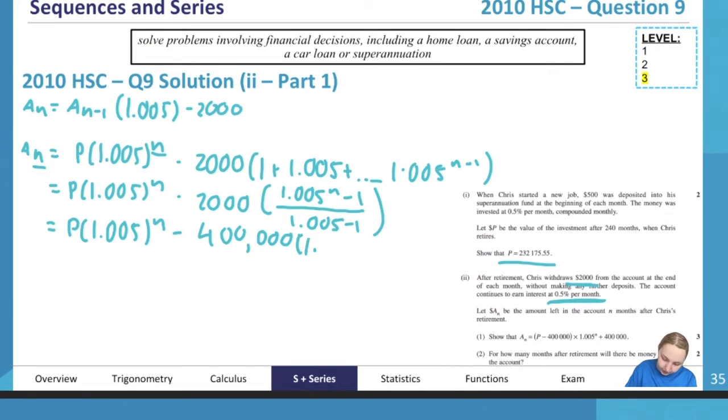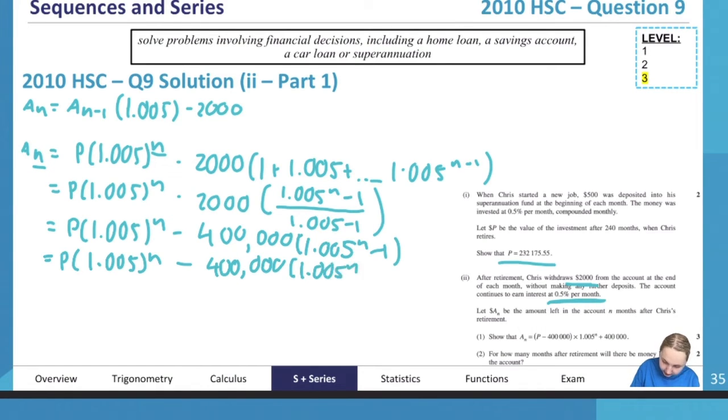Then you get all of that times the top of the fraction that we still have. From there, we times all of that out, and we'll get (P minus 400,000) times 1.005 to the N, plus 400,000, because minus 400,000 times minus 1 gives us plus 400,000.